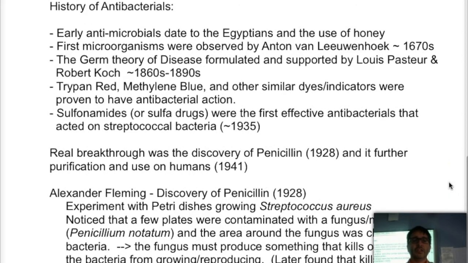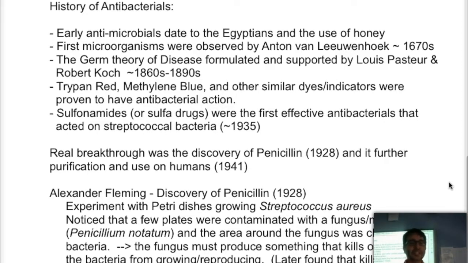All right. So here's the thing. Penicillin was discovered in 1928 by Alexander Fleming by mistake. He had gotten some of his petri dishes contaminated with a fungus, in this particular case, the Penicillium notatum. He found that wherever the fungus was present, where he was trying to grow the Streptococcus aureus bacteria, there was no bacteria.